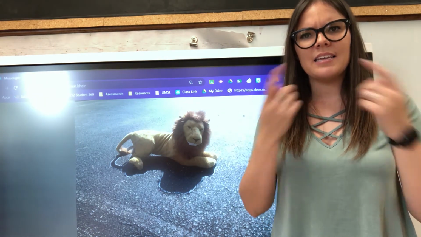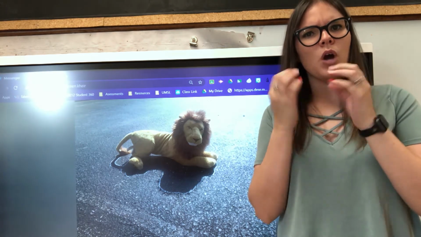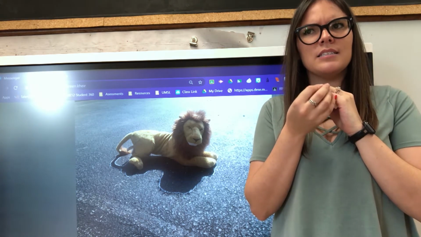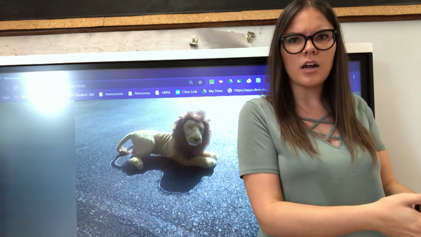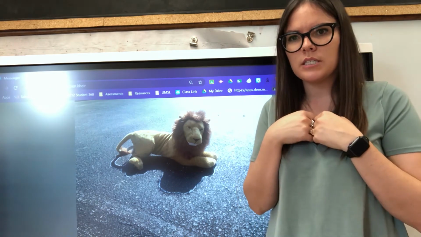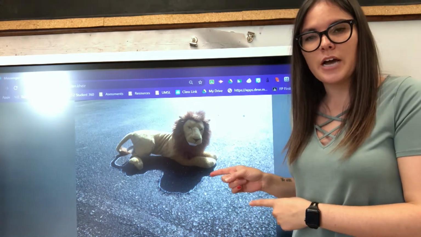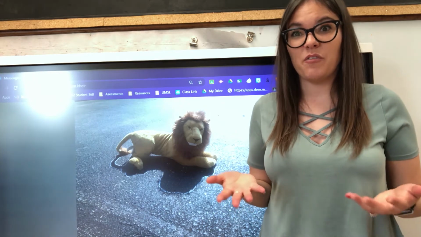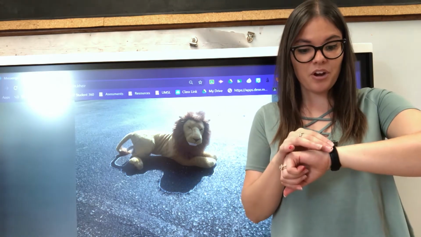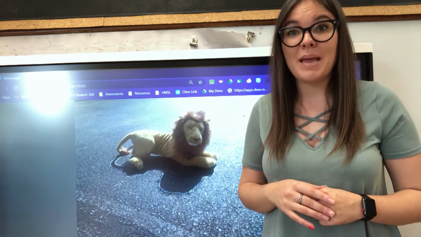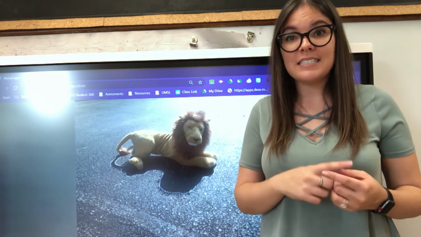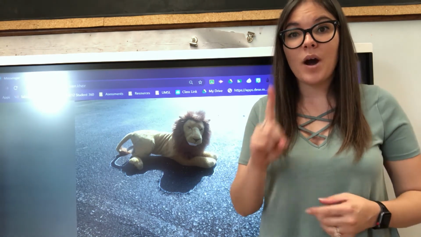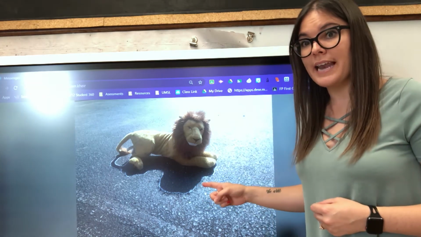So my thinking is, if we're rotating and sometimes our shadow's really long and sometimes our shadow's really short, maybe Mr. Lion's shadow will change after a few minutes. Now, I think I pretty much put him out there maybe about an hour ago. So let's see what happens even just after 1 hour of hanging out in the sun.